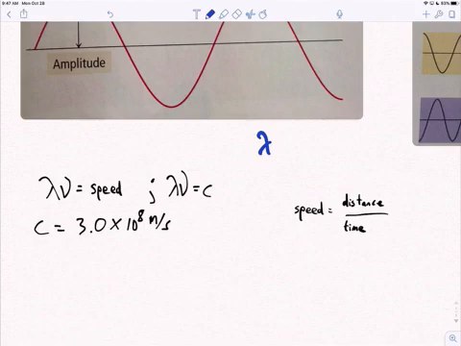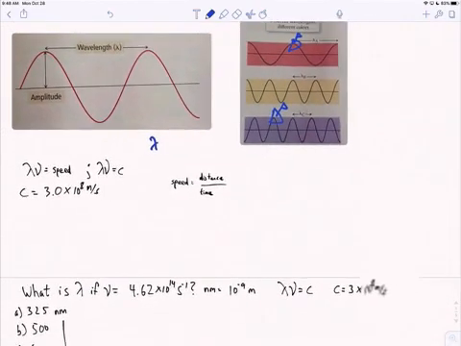Okay, and then speed is just distance divided by time. Miles per hour, right? So if I'm going 55 miles an hour, that means in a period of 1 hour, I've traversed 55 miles. So the speed of light means that in 1 second, you've moved 300,000 kilometers, or 186,000 miles.